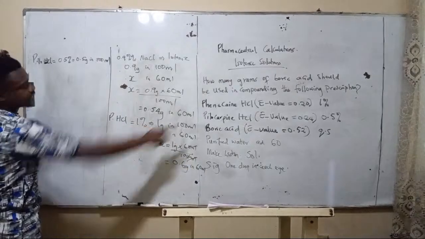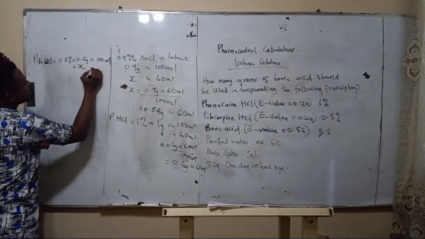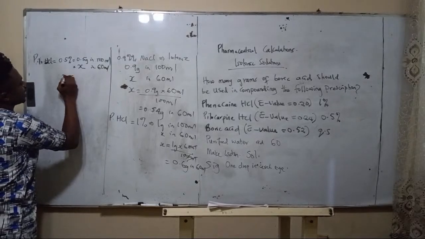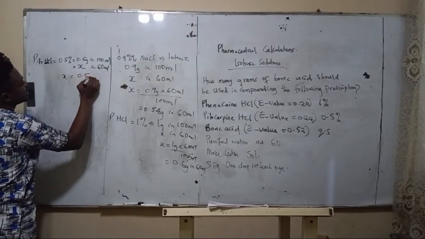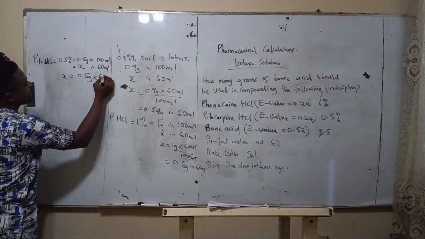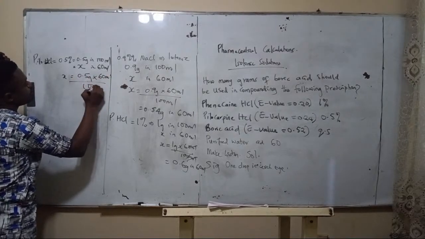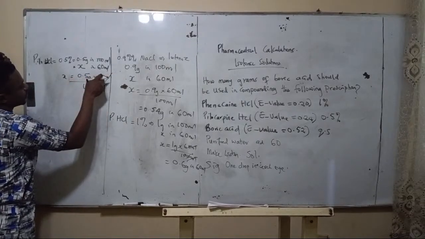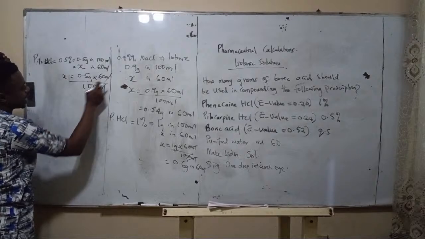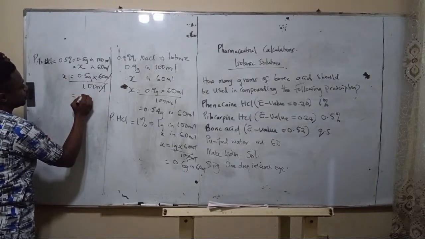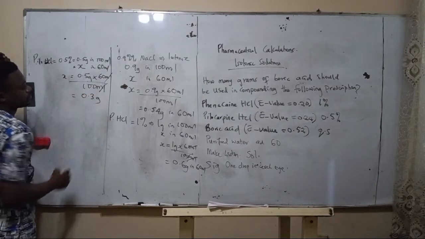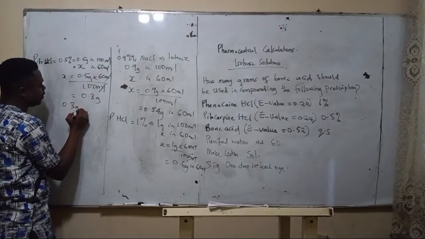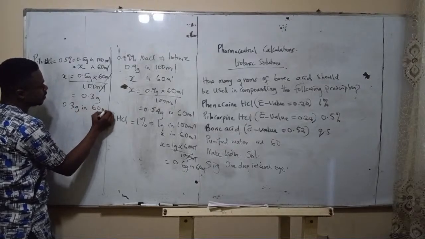But we're looking for it in 60 ml, so in 60 ml we have X. We cross multiply, so X is equal to 0.5 gram times 60 ml over 100 ml. ml cancels ml. 0.5 times 60 is 30. 30 divided by 100 is 0.3. So we have 0.3 gram of pilocarpine hydrochloride in 60 ml.